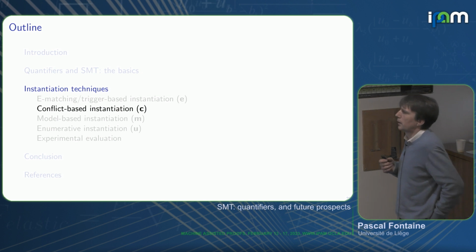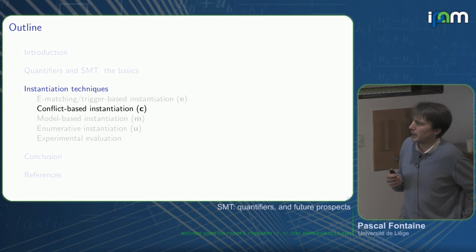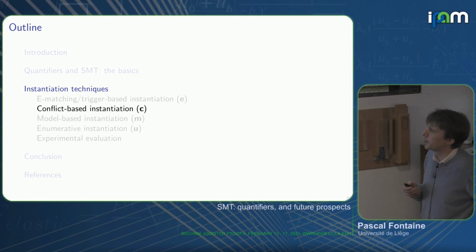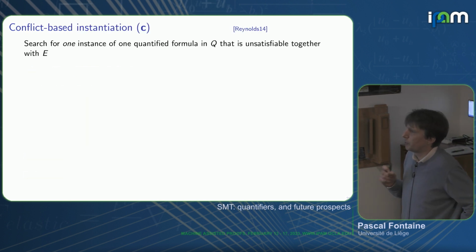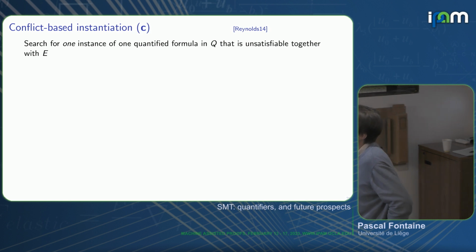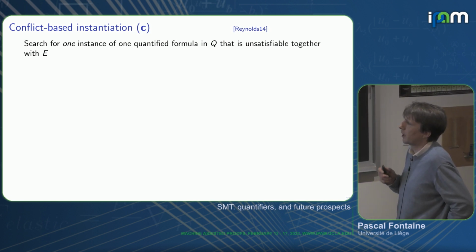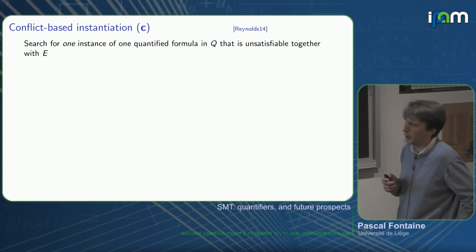Another very useful technique is conflict-based instantiation. Basically, we search for one instance of one quantified formula that is unsatisfiable together with the ground stuff that we have.